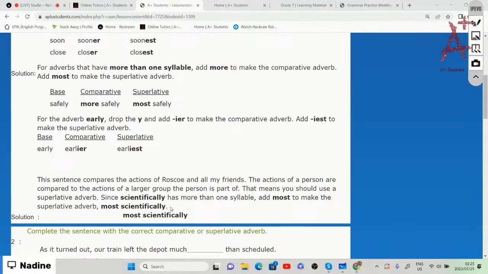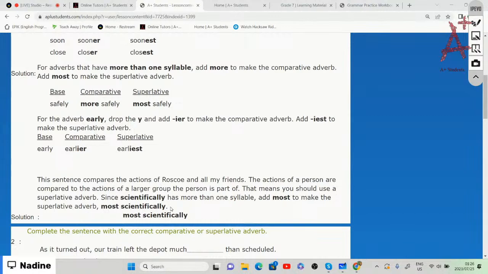But in this case, they're saying all my friends, which means that it is superlative, because a superlative is where you are being compared to a larger group, which is more than two people. The actions of a person are compared to the actions of a larger group the person is part of.